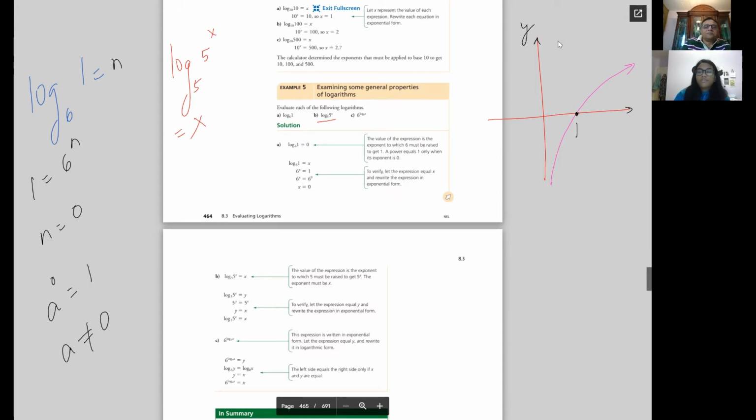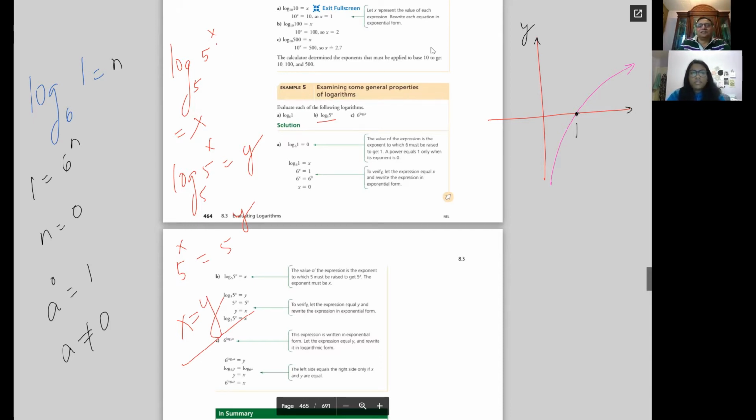Let us say this is log to the base 5 of 5 to the power of x is equal to y. If I write in exponential form, what will I get? I get 5 to the power of x is equal to 5 to the power of y, and clearly x is equal to y. So y is equal to x, correct?